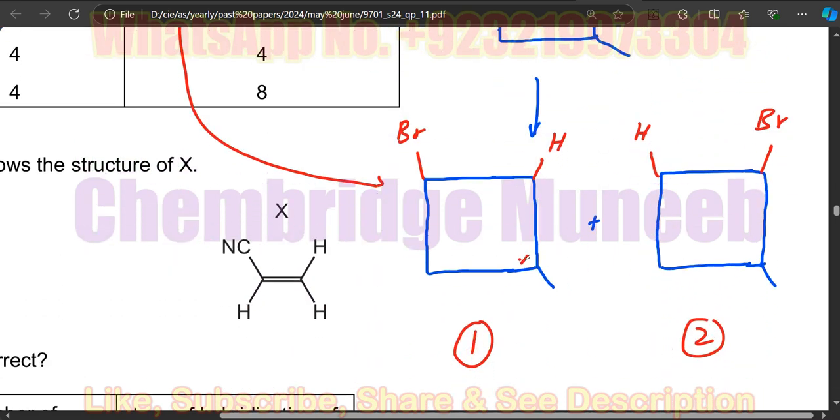exist at this point. In both the products, the optical isomer or the chiral center will be present at this point, because the rest of the other 3 carbon atoms will not contain the chiral center, as there are similar atoms or similar groups on the 2 sides of the carbon atom. If you check this one, it has 2 hydrogen atoms on both sides.